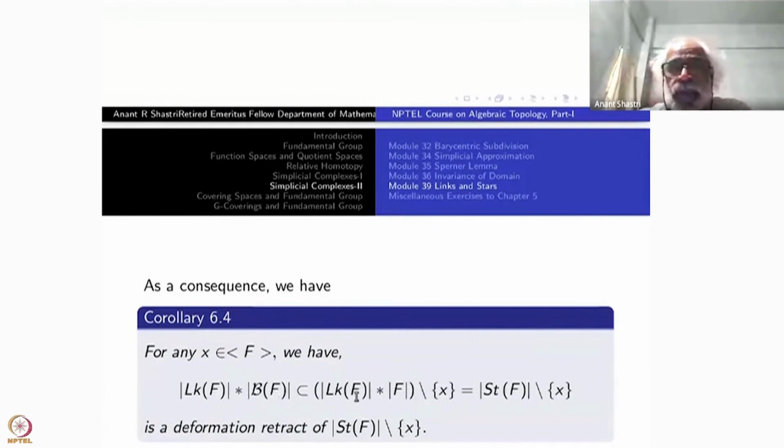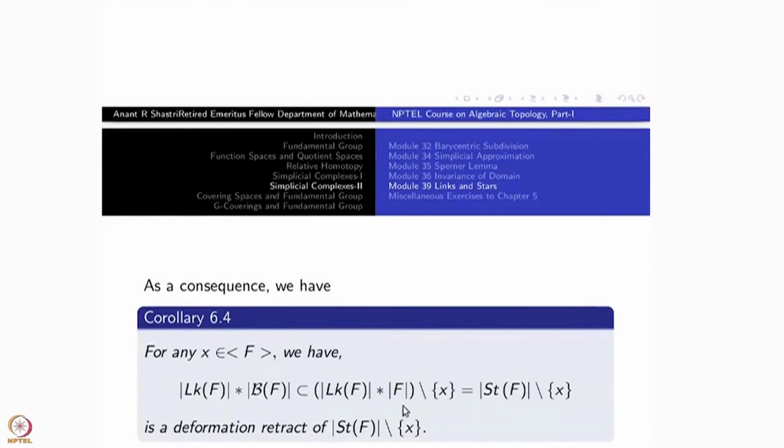But this itself is the full star minus the point. So this much is obvious, but what happens is this is a deformation retract of the star of F minus X. The subspace here is a deformation retract. What does it mean? That there is a homotopy of the identity map of this one. At the end, it is a retract. It's a map onto this part, which is identity on this part.